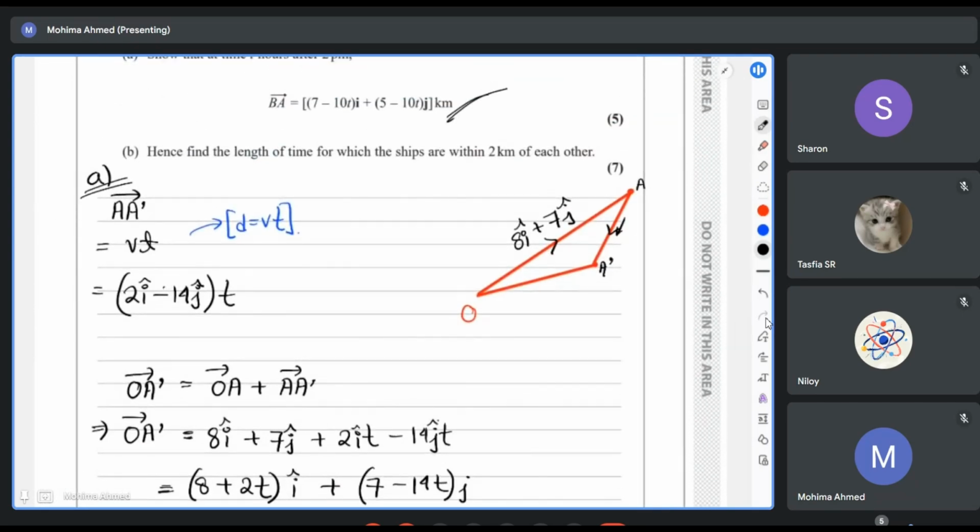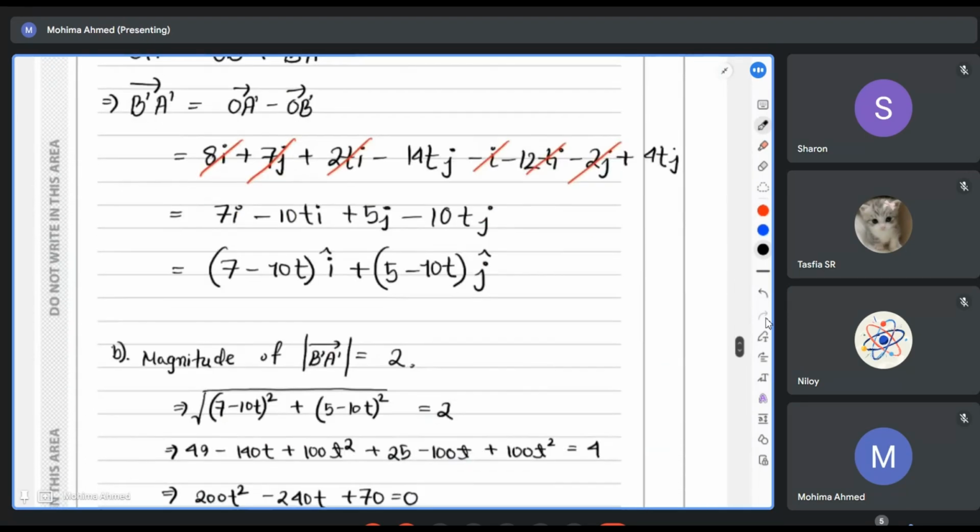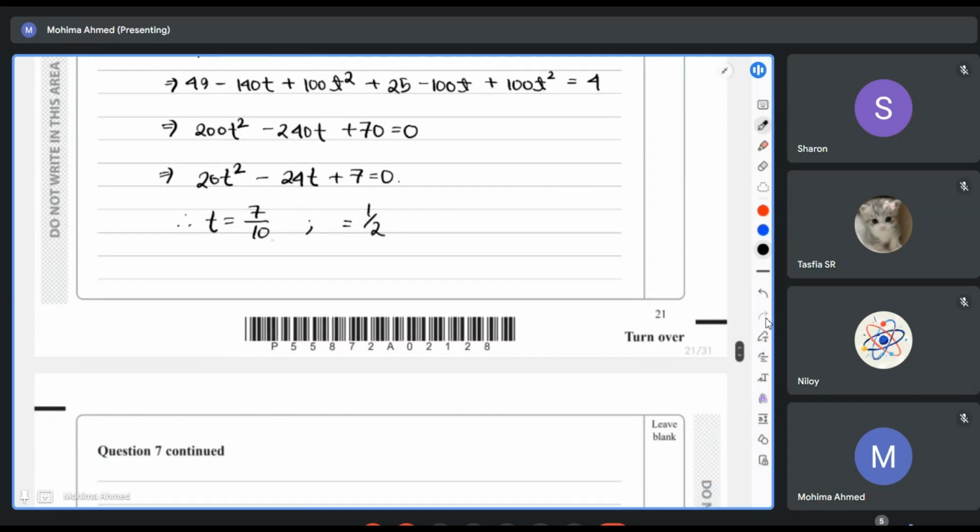It says find the length of time for which the ships are within 2 kilometers of each other. So it's starting like this: from this time they started to be within 2 kilometers, and then after a certain period of time, at time equals half hour, they again become 2 kilometers within each other.